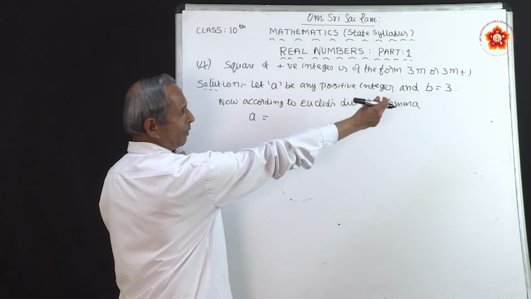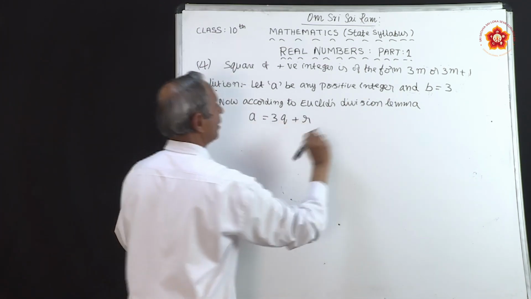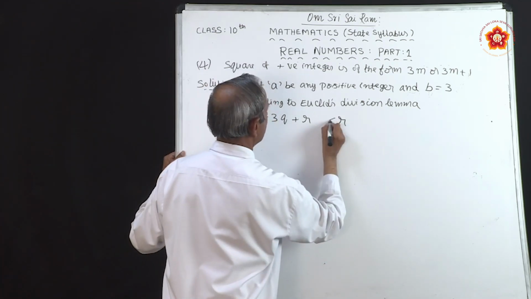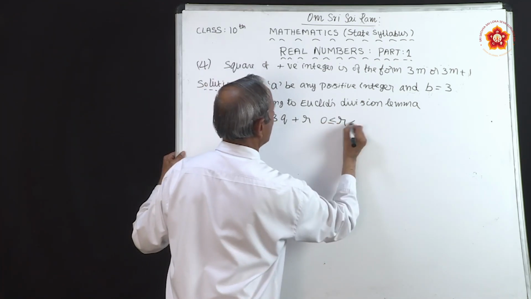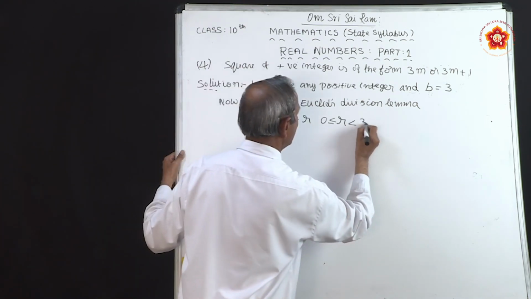Here the b value is already given as 3. Therefore, you will get a is equal to 3q plus r, where r is greater than or equal to 0 and lesser than the divisor, which is 3.